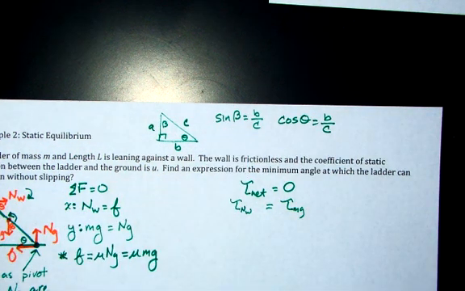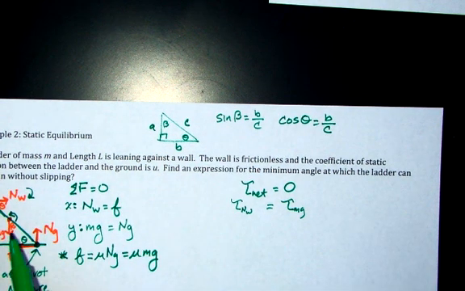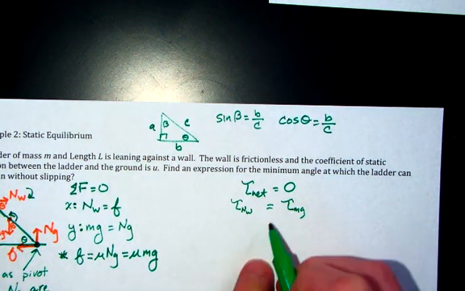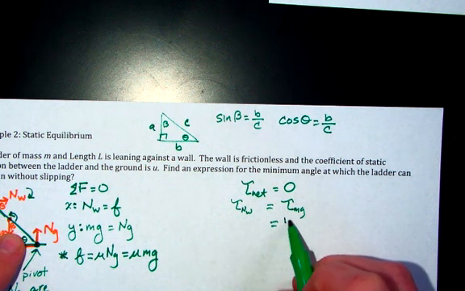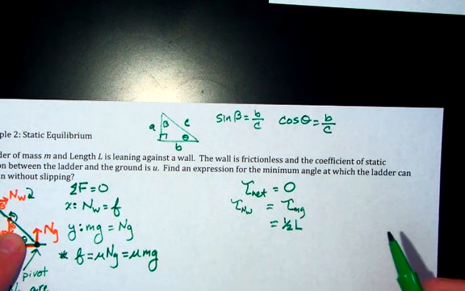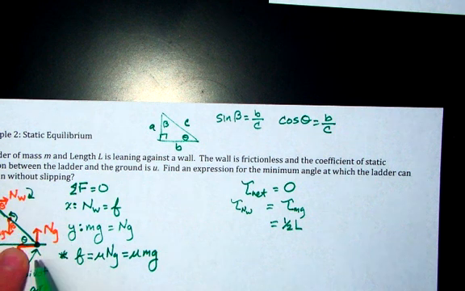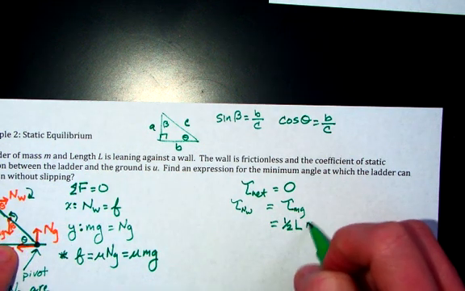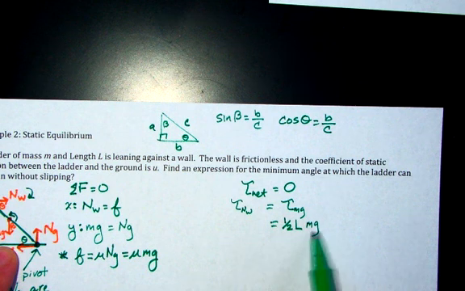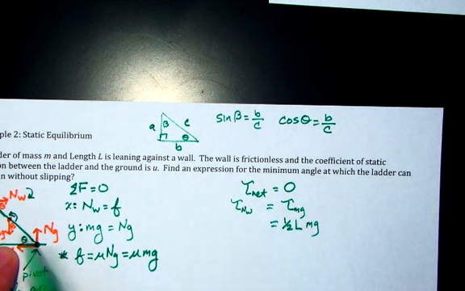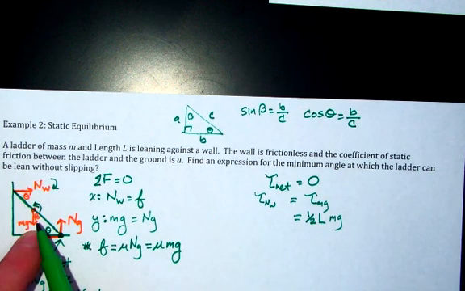So using that idea, the torque for the weight force is going to be, over here, half of the length of the ladder. So 1/2 L is my radial distance, and then the force, which is mg. Here's R, here's my force, mg. Normally, I would say sine of the angle with the radial, so sine of beta.